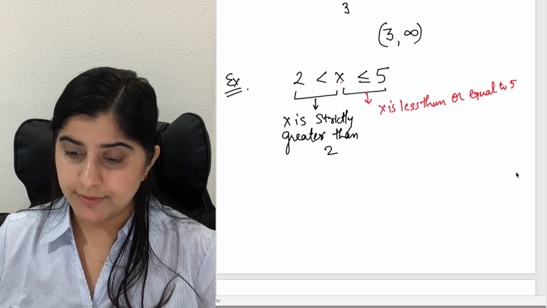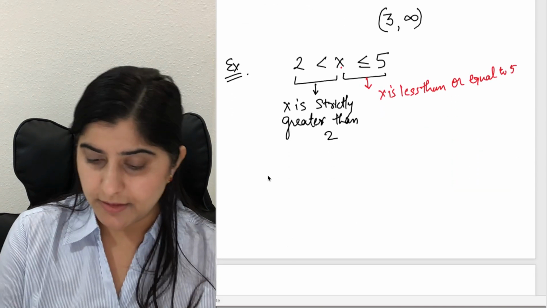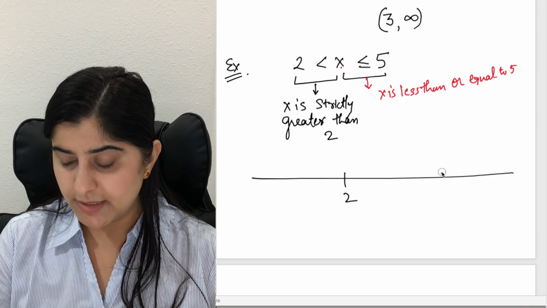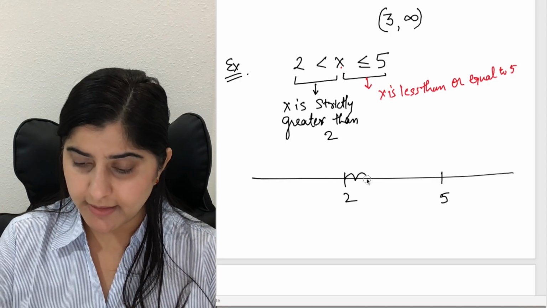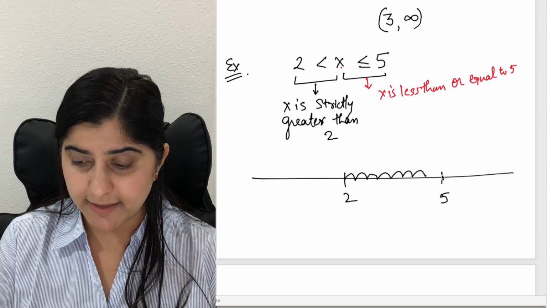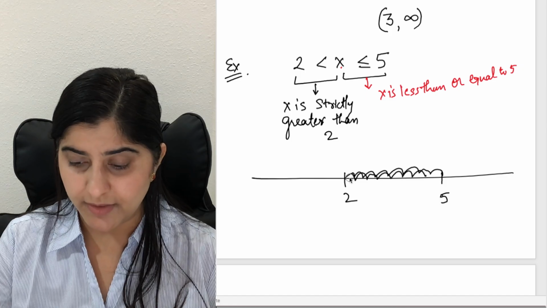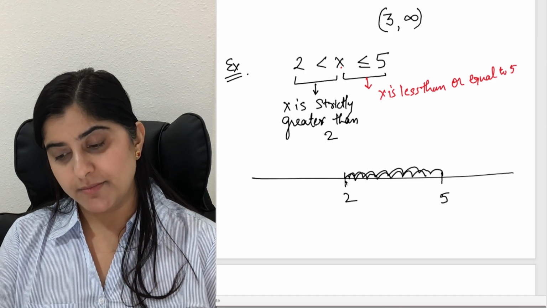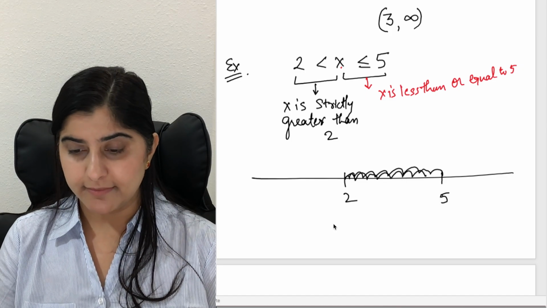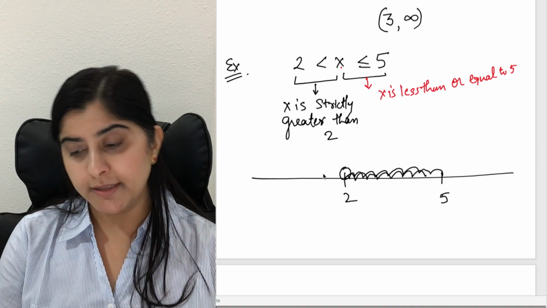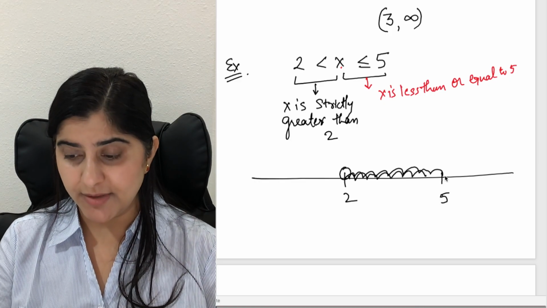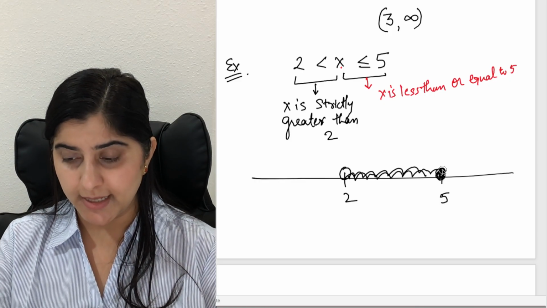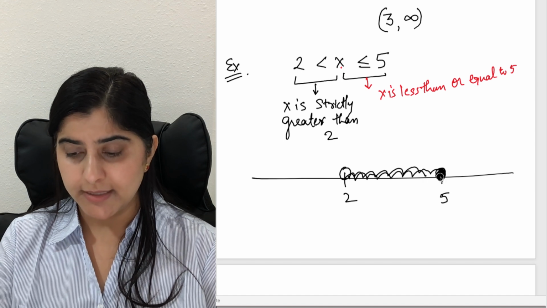If we have to draw this on a real number line, this is 2, this is 5. X is greater than 2 on this side, but less than 5. X cannot cross 5. So x has to be bigger than 2 and less than or equal to 5. Now 2 is not included, open circle, but x can be equal to 5, so we will highlight 5.